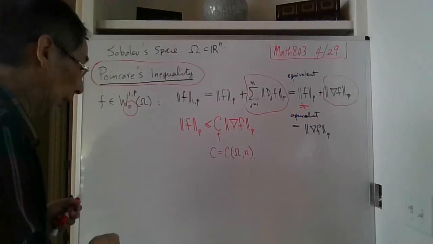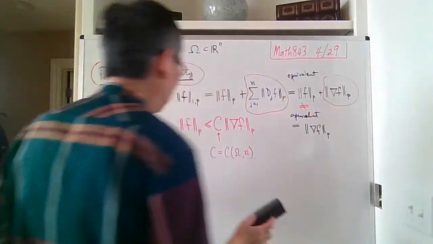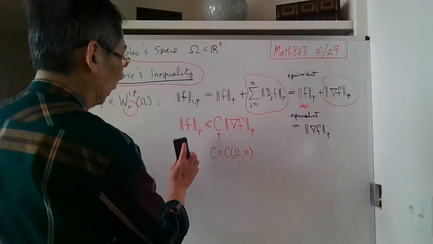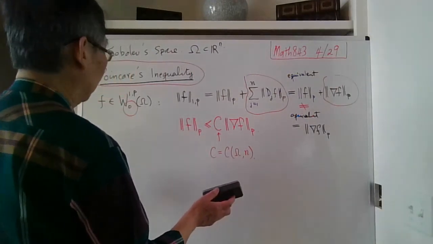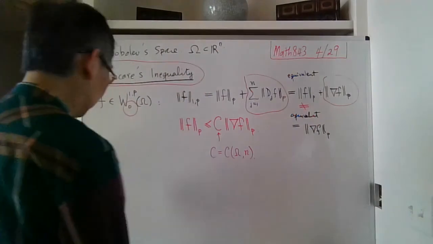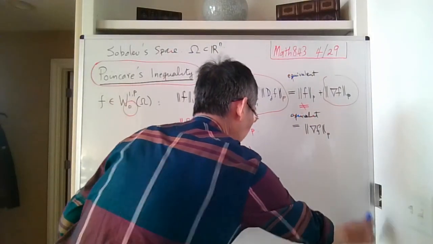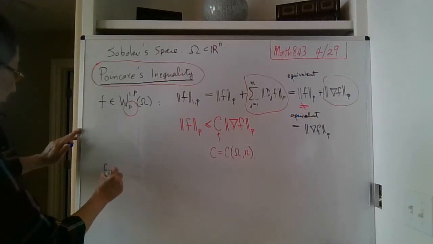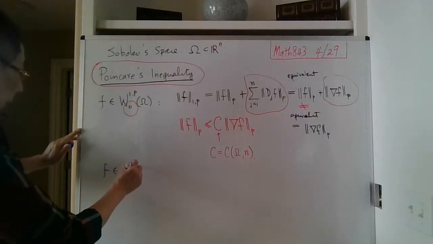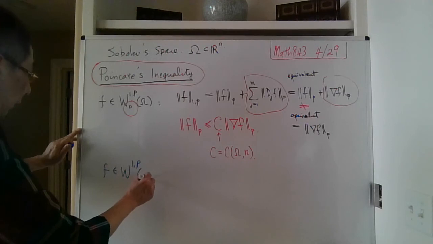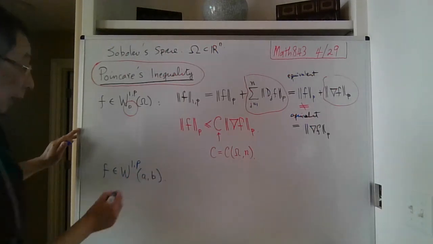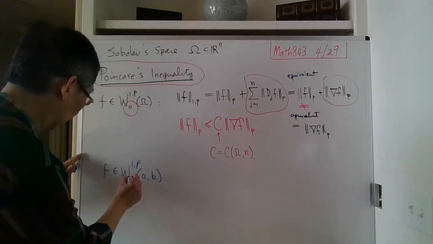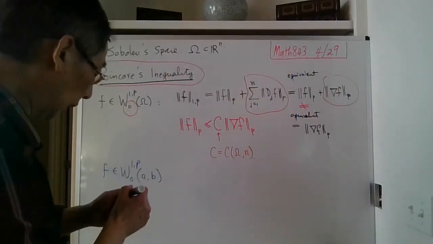Okay. So in order to see the proof of this, let's consider the one-dimensional case first. It's easier. So let's consider f in W^{1,p}(a,b), and of course it is 0 at the endpoints.